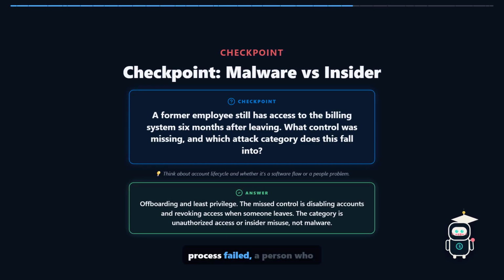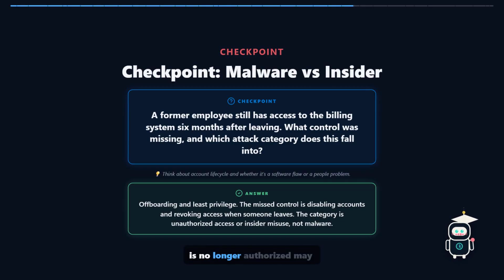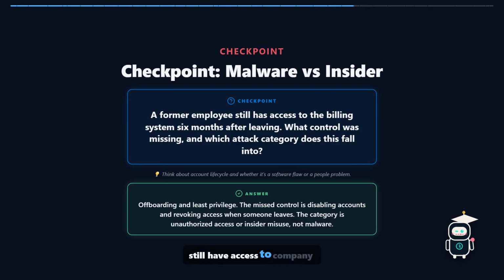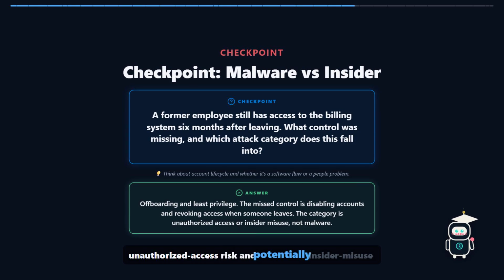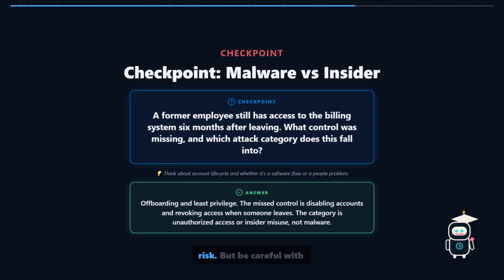Because that process failed, a person who is no longer authorized may still have access to company information or systems. That creates unauthorized access risk and potentially insider misuse risk.